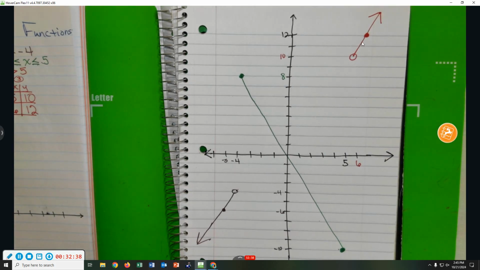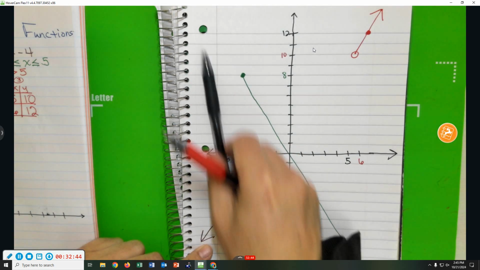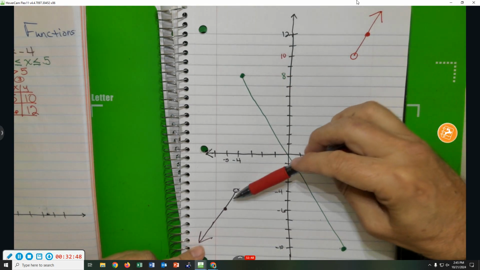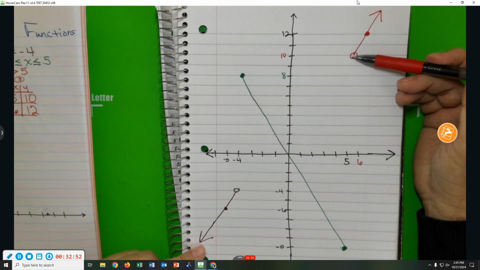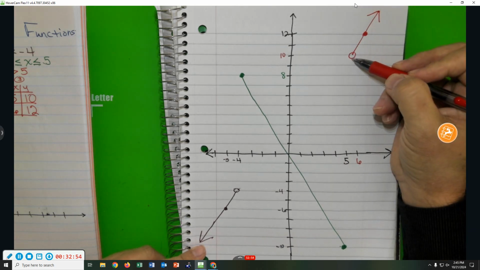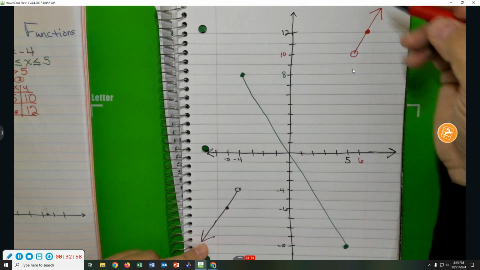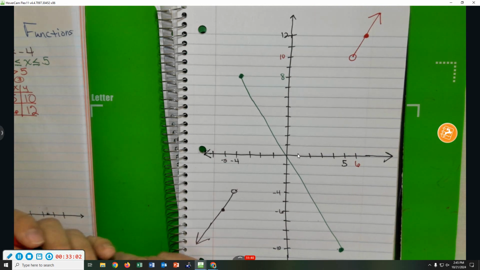And notice, this thing passes the vertical line test. You try to draw a vertical line, there's no time it's going to hit the green part and that brown part. You say, well, what about here and here at 5? No, this thing isn't shaded in here. It's not a point. So the vertical line test, this graph does pass the vertical line test.